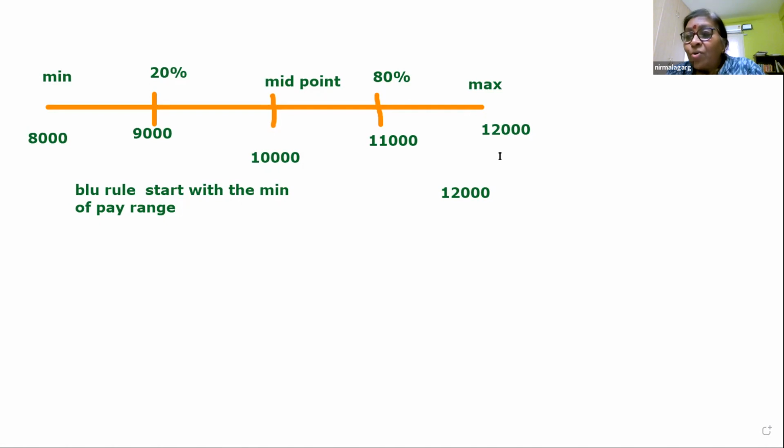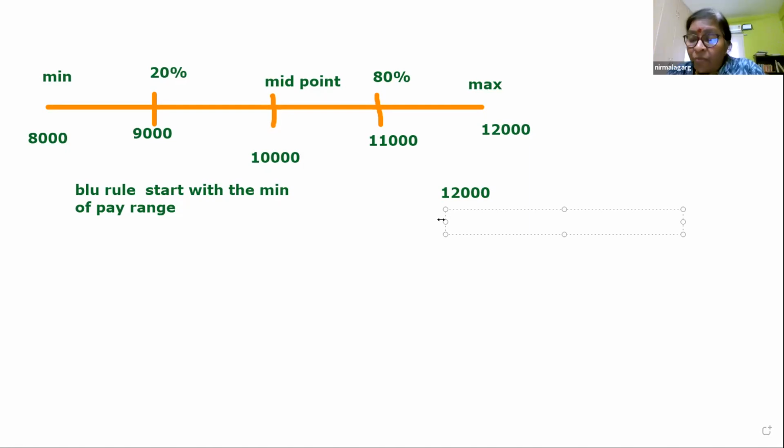So what is the red rule? Red rule is, when a person has reached the maximum of the pay range, you stop his annual increment because he has reached the maximum. But if you stop and don't give him anything, he'll be demotivated.